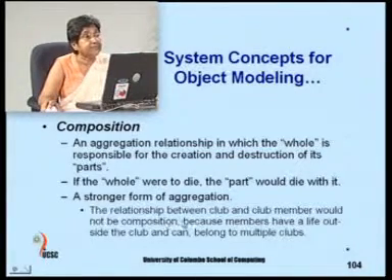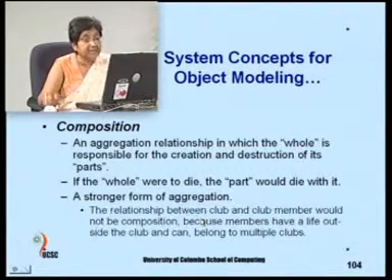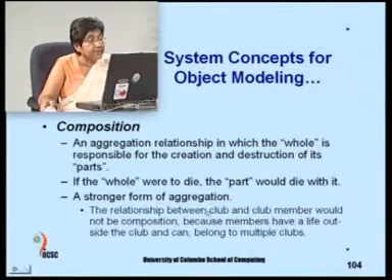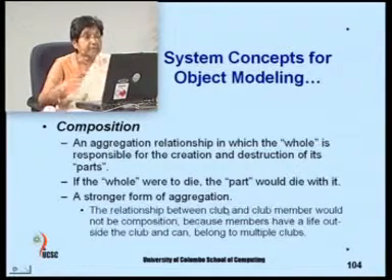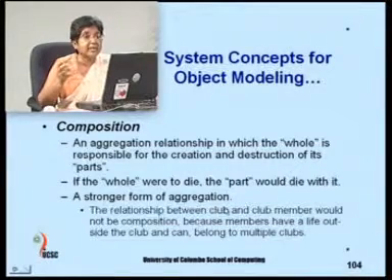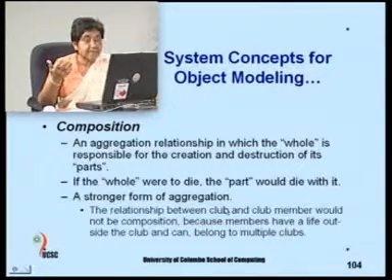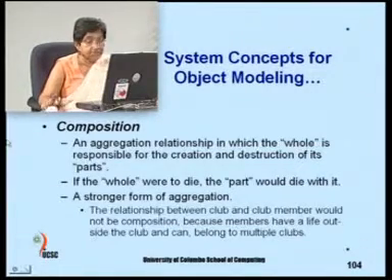Even if the club was disbanded, the member will still live, because they can belong to multiple clubs, not only a single club. Even if one club closes down, the member will survive, because they can exist as members of other clubs.